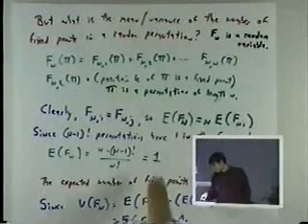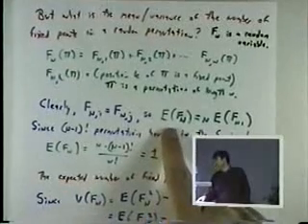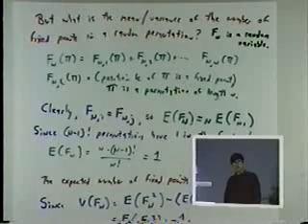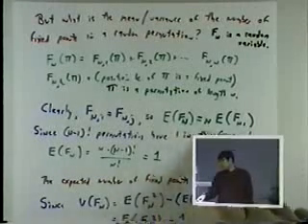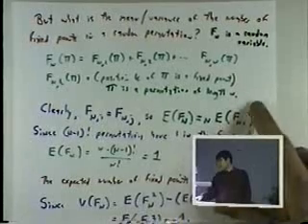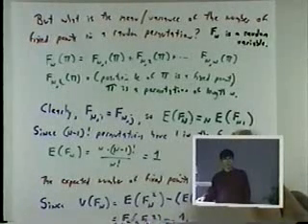Now what do I claim? If we want to think of the expected number of fixed points in a permutation of size n, my claim is that it's going to be n times the expected number of fixed points in the first position. Why is this?